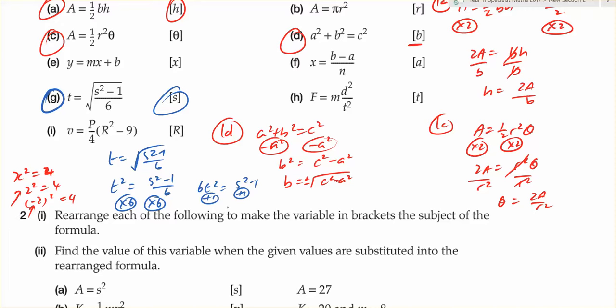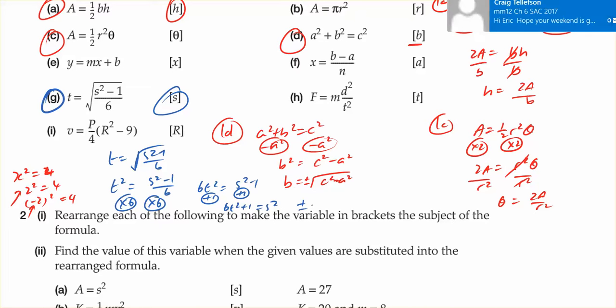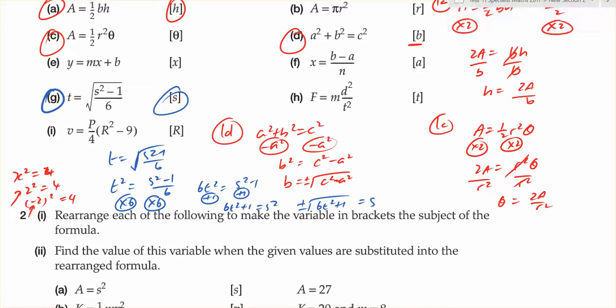So we get 6t squared plus 1 equals s squared. Now we've got a scenario where we need to square root both sides. So we get plus or minus the square root of 6t squared plus 1 equals s. Again, when I square root both sides, I get the plus or minus solution. That's how you do 1g.